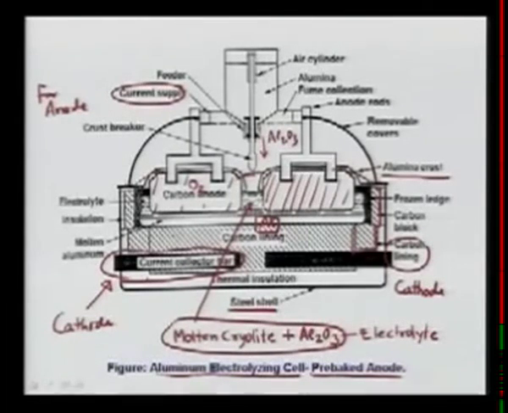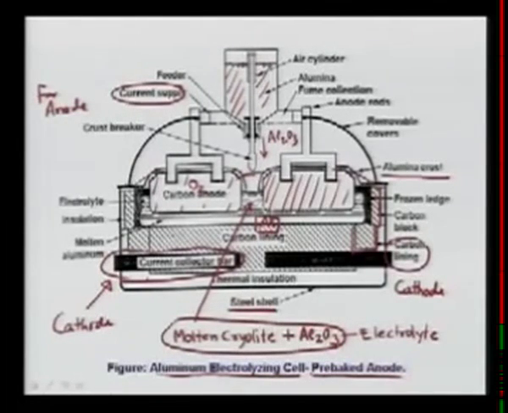And then whenever you want to supply Al2O3, what you do is you bring this crust breaker, you break the crust and put the alumina down there, and as you see here, the whole thing is filled with Al2O3.